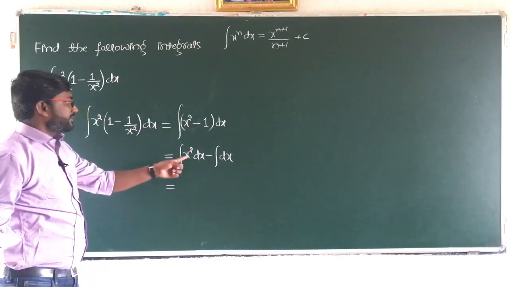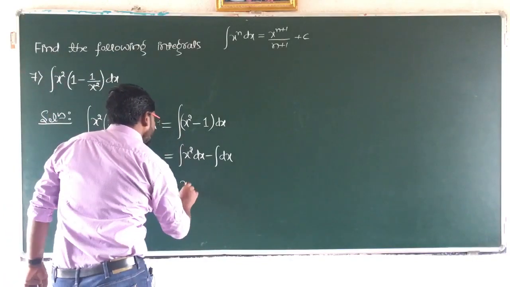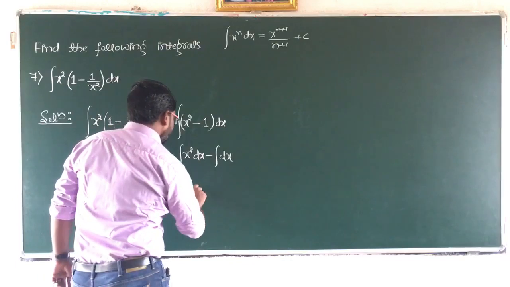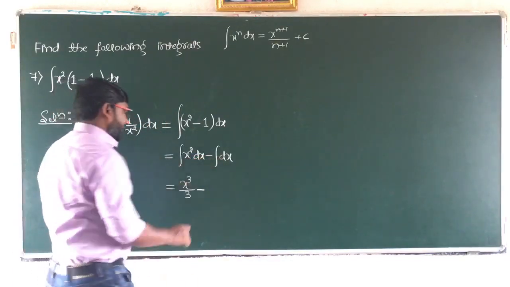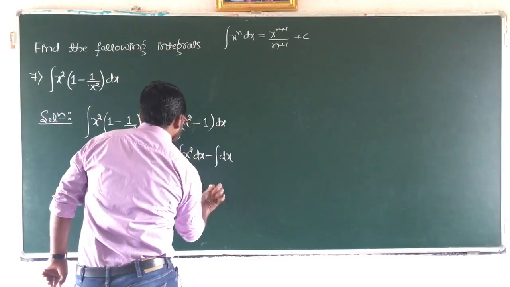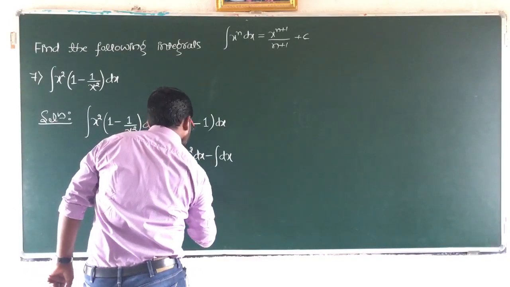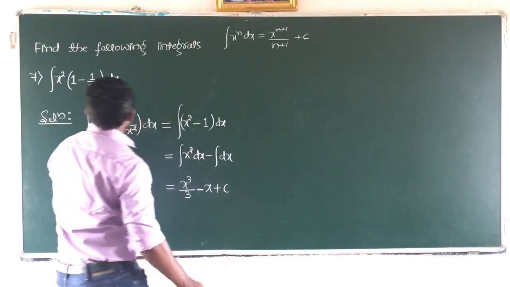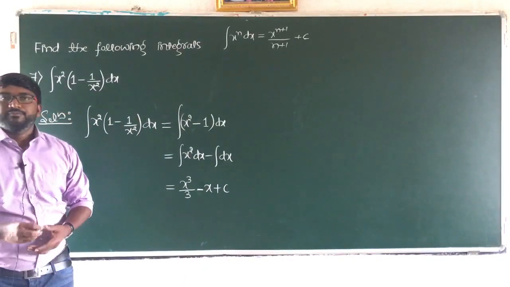Let us make use of that formula. We get x to the power 3 divided by 3 minus integration of dx, which will be x, plus c. So this is all about the seventh problem.